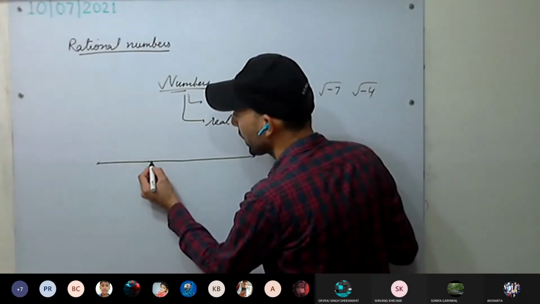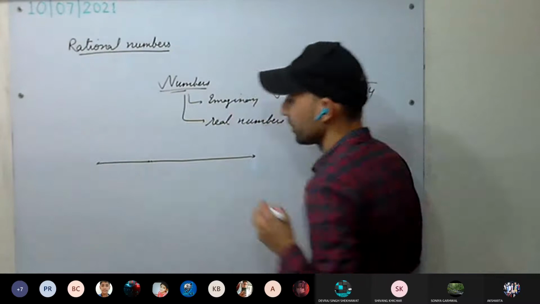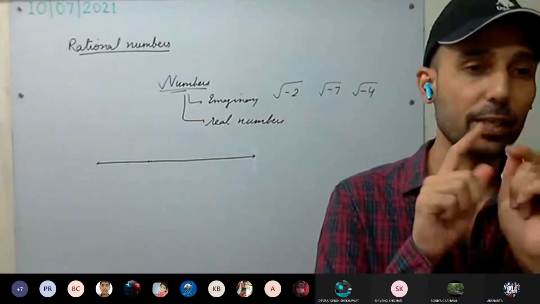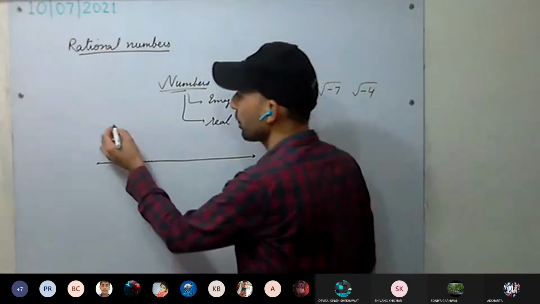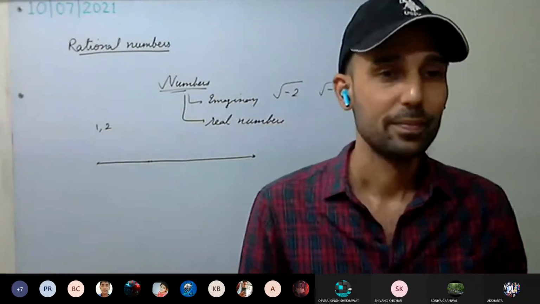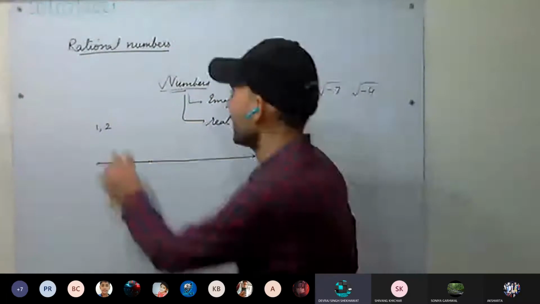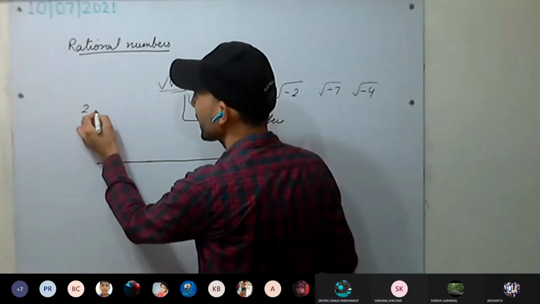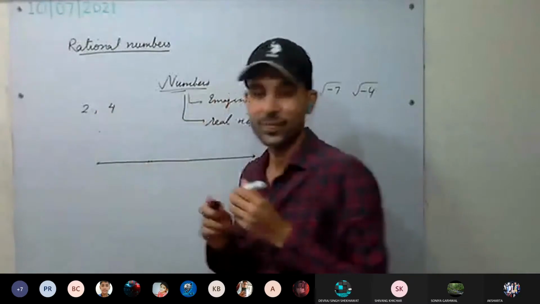Between these two points, how many points are there? Infinite. Between any two points, infinite points are there. Between any two numbers, how many numbers are there? I would have asked, how many numbers are between 2 and 4?